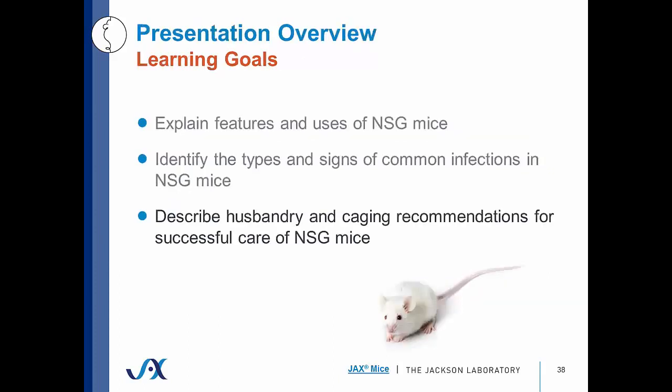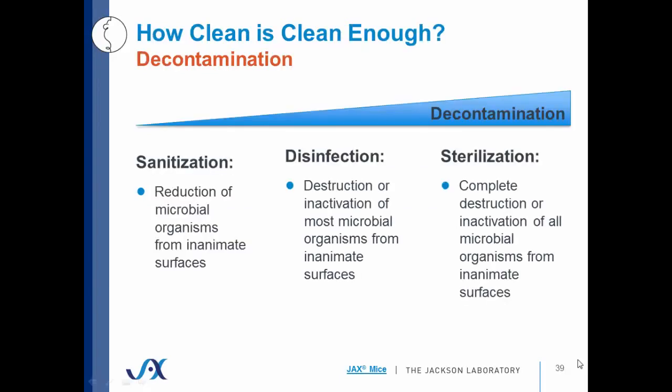Okay, so now that we've talked about some common signs of infection in NSG mice, let's talk about husbandry and caging recommendations. There are several strategies used to decontaminate objects that could potentially carry microbial pathogens, and that includes sanitization as well as disinfection and sterilization.